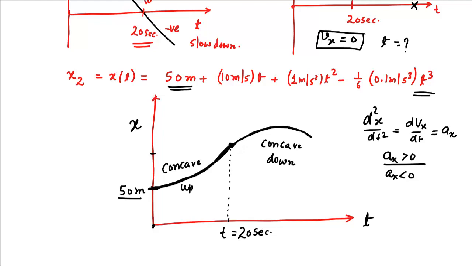Once you have expressions for velocity and position, you can find at what time you have maximum velocity, what the x coordinate is at a given point of time in the future, and you can also plot the graphs of acceleration, velocity and displacement as a function of time. In this case, the acceleration graph is linear, the velocity graph is parabolic, and the displacement graph is cubic, that is a third order polynomial.